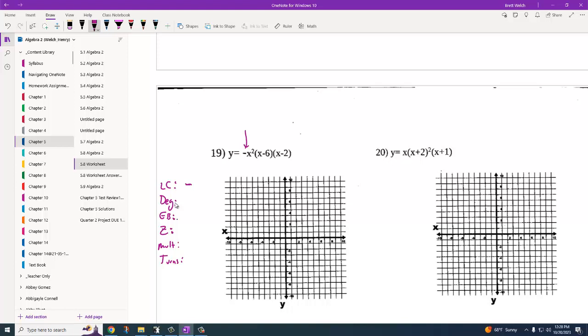Now the problem with the biggest exponent is if it's in this type of format where it's already been split and factored into parentheses, we kind of have to reimagine it multiplying back together. If we multiplied all of this together, the x times the x would become x squared, and we have this x squared outside. If we multiplied all of these together, we would end up with something that's in the ballpark of x to the fourth.